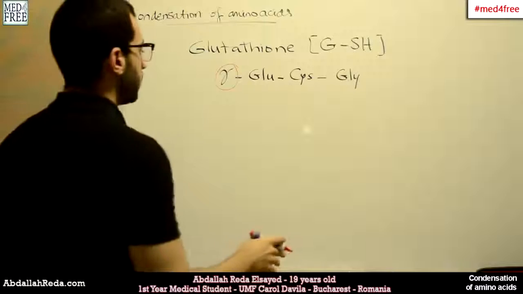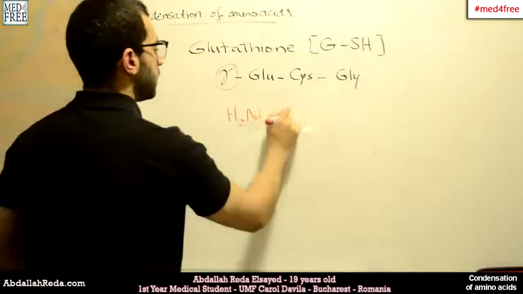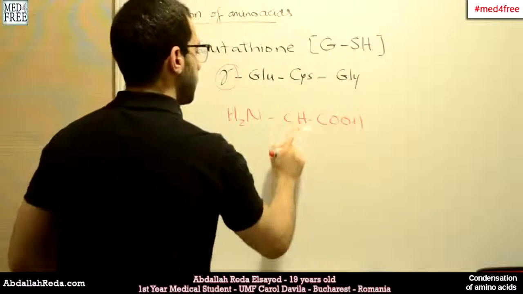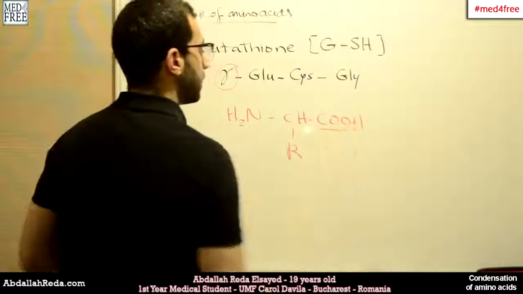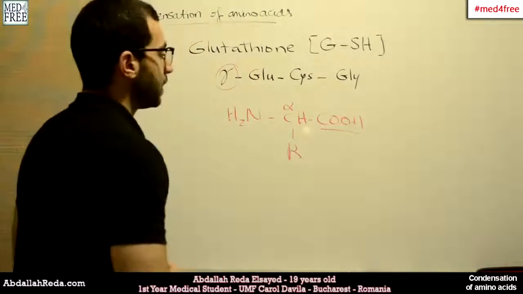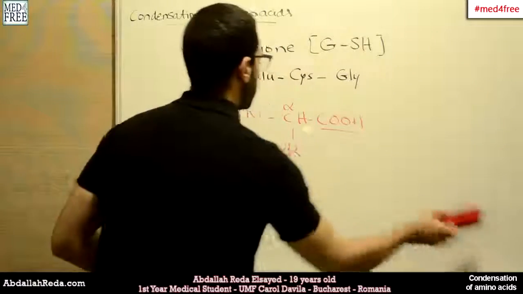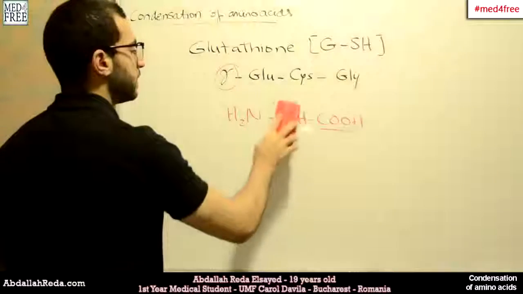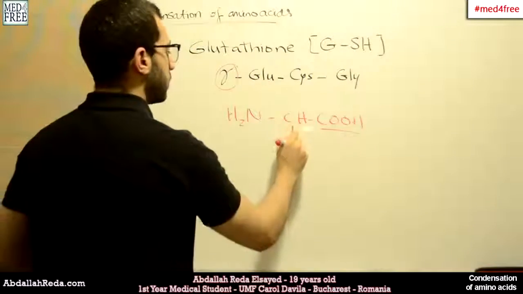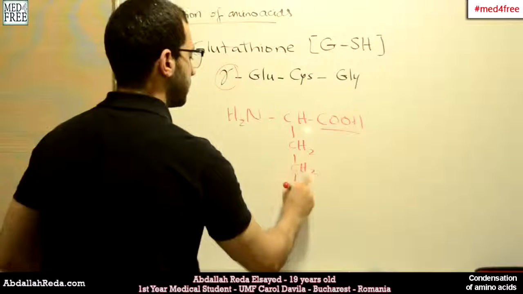In the first example that I mentioned, I said that the binding happens here. This is the alpha carbon. But in case of the glutamic acid, we know that we have an extra carboxylic group, so the structure is something like that.